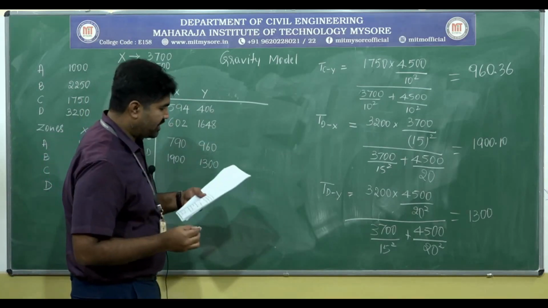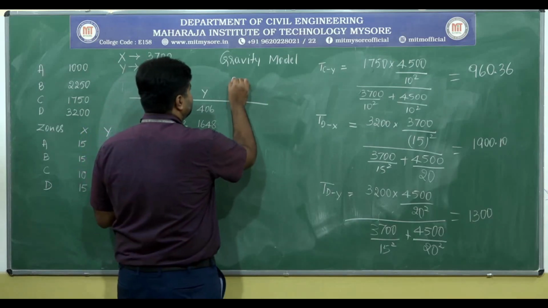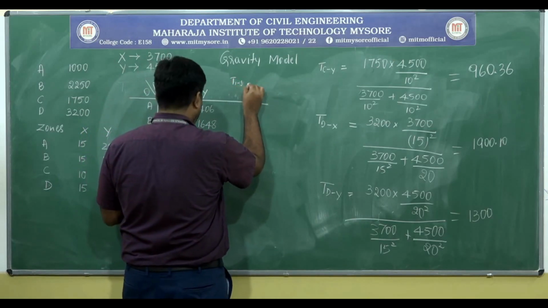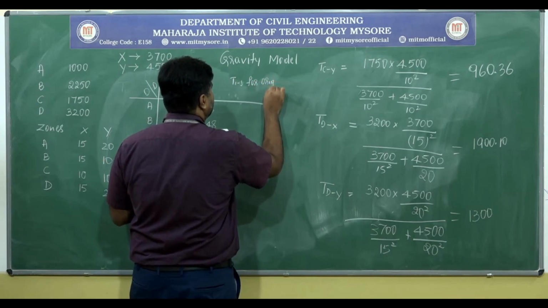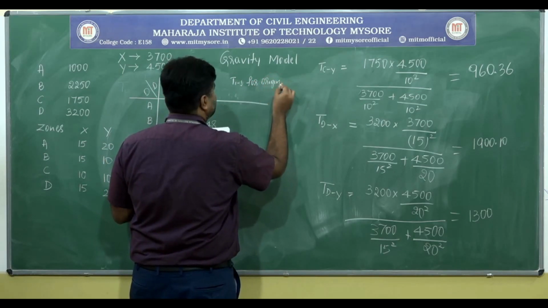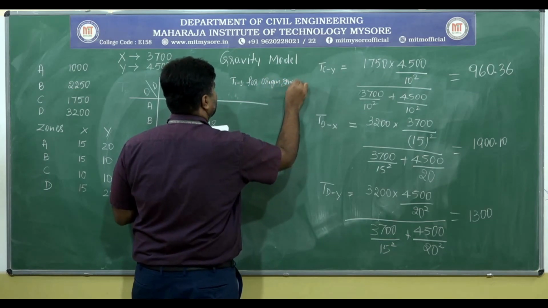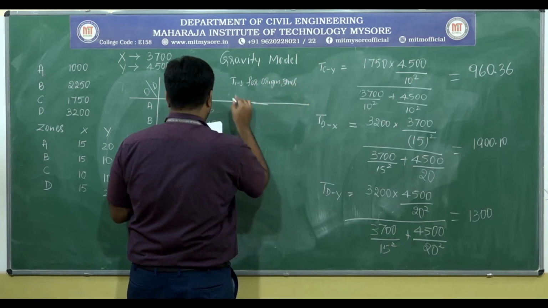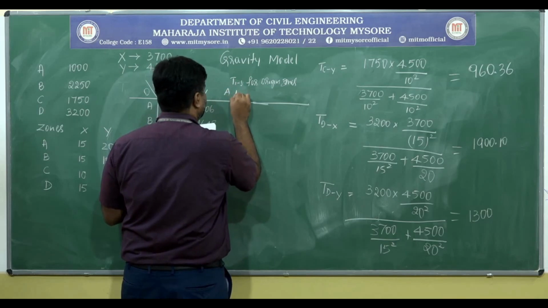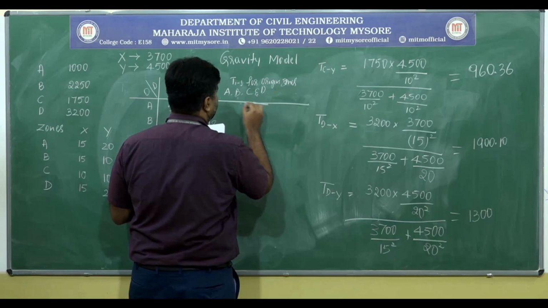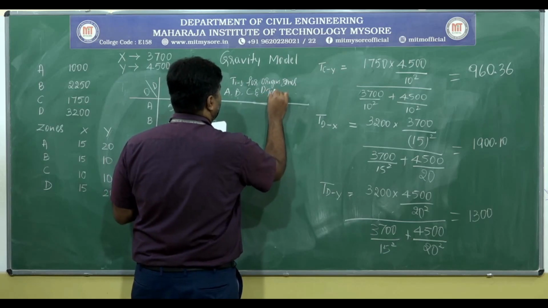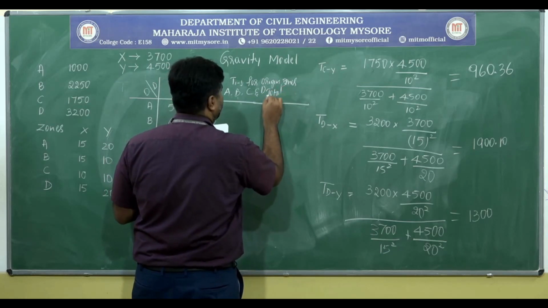Now see Tij, for origin zones A, B, C and D, total production.